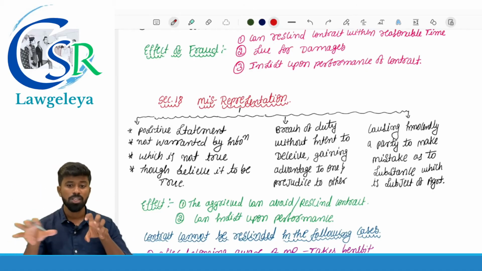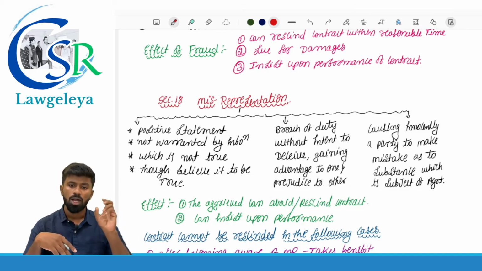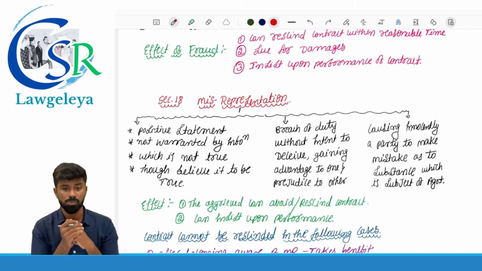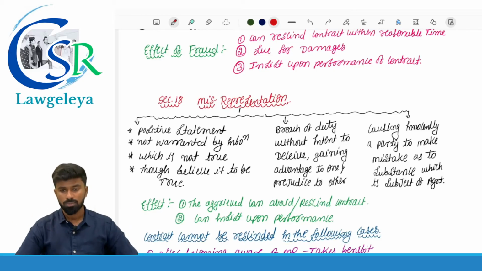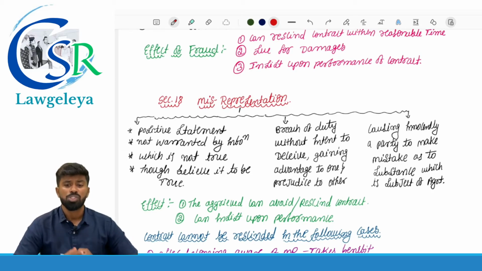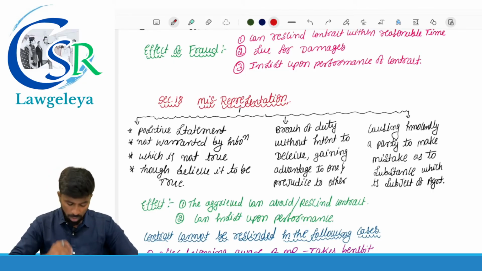Misrepresentation. Breach of duty without intent to deceive, gaining advantage to one person and loss to the other person, considered as misrepresentation. Keep this in mind, there should not be intention to deceive. Next one, causing innocently a party to a contract to make a mistake as to substance which is subject of the agreement. That is also considered as what?